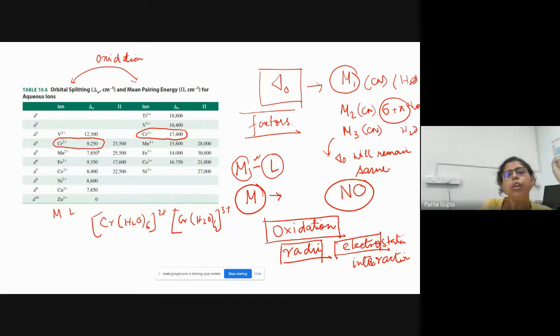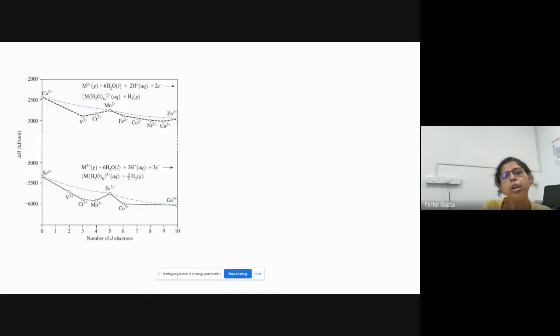Now, if we go very systematically, how would you determine that? How would you know what the factors are, and how would you determine what things are coming in? So what the scientists have tried to do is look at the enthalpy of hydration.